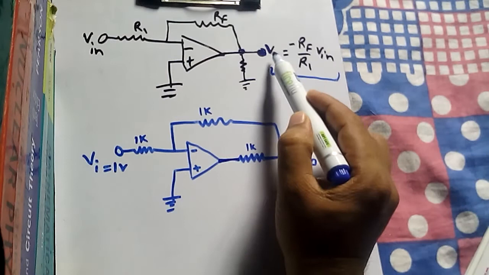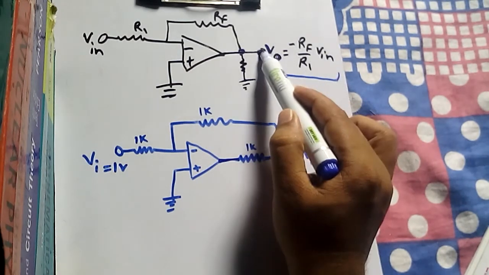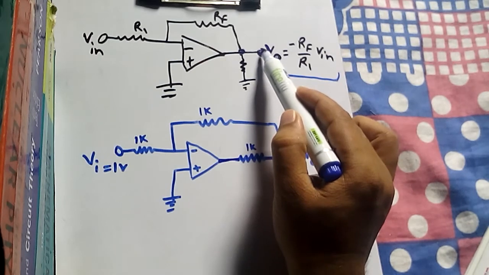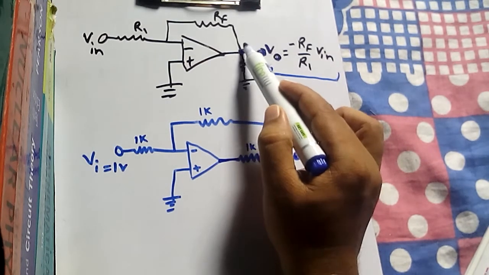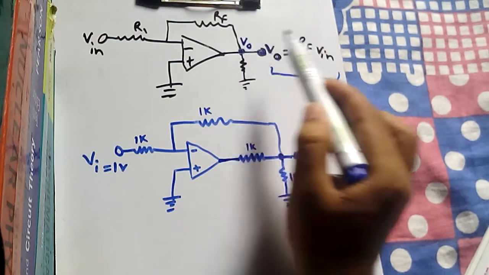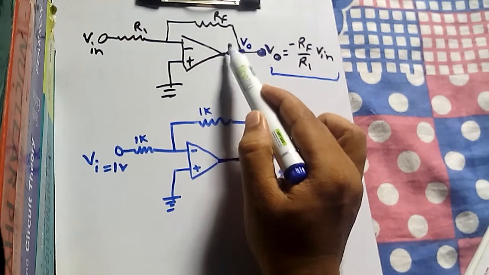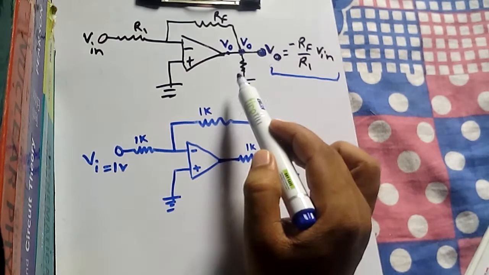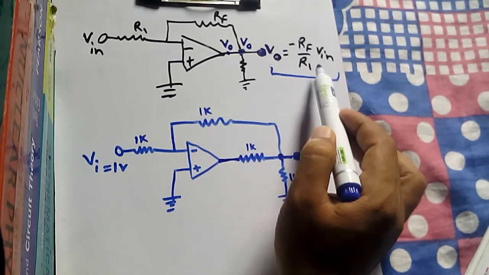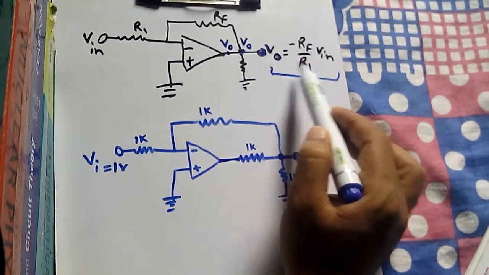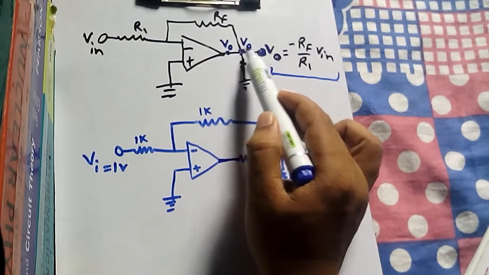You see here the output at this point, and this voltage is the same as the voltage at this point. That means this point is also V0, and this point is also the same point, V0. That means the output formula is valid at this point and also at this point. All are the same voltage points.